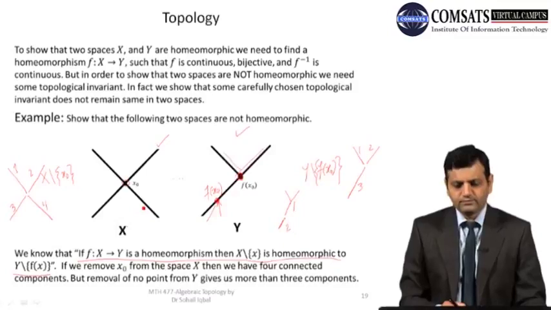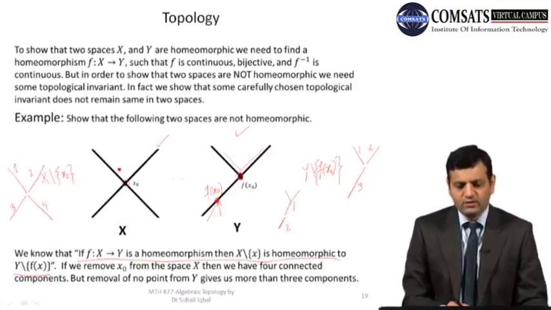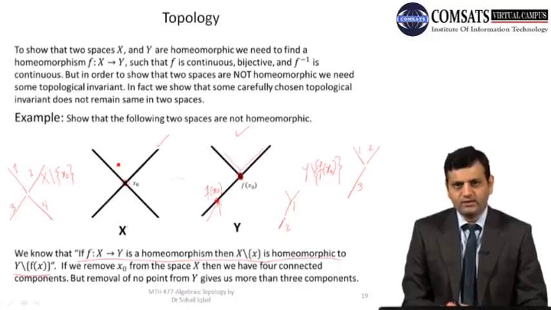Okay, so the point is, if I take images of connected components, then I should get connected components, because connectedness is a topological property, and a continuous image of a connected space is connected. So this x minus x naught has four connected components.